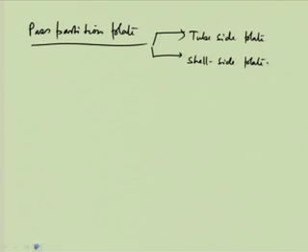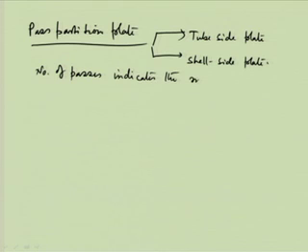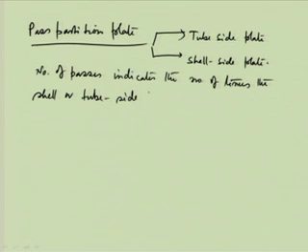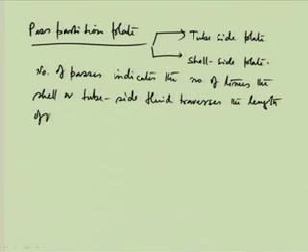So, by changing the partition plates, the number of passes indicates the number of times the shell or tube side fluid traverses the length of the heat exchanger.